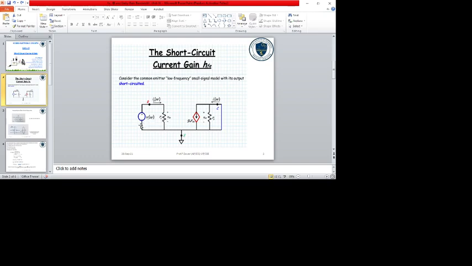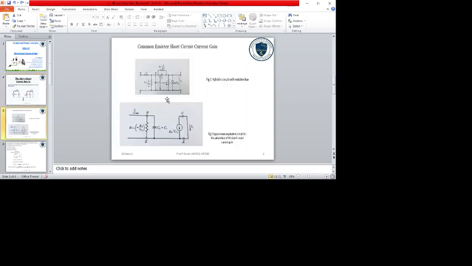Then the input is given to the base terminal and the collector is shorted with emitter terminal. So under this condition, we are going to identify the current gain factor HFE. We can consider the common emitter configuration based amplifier under short circuit condition.